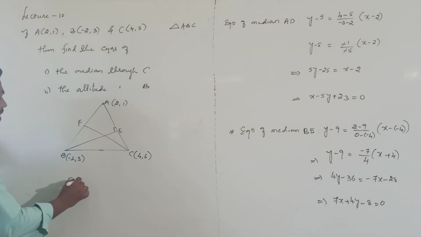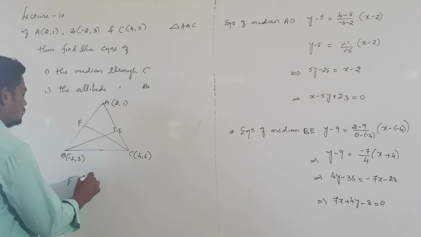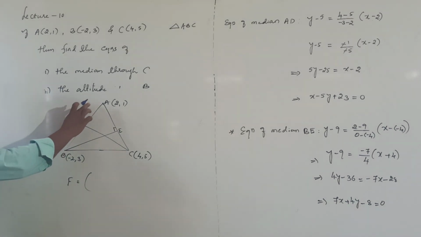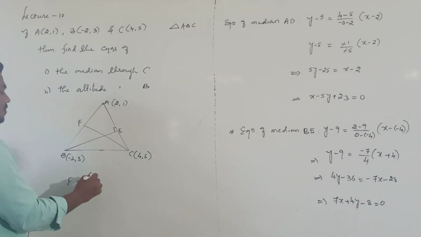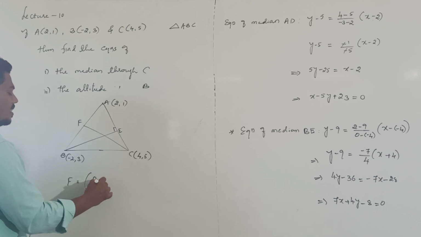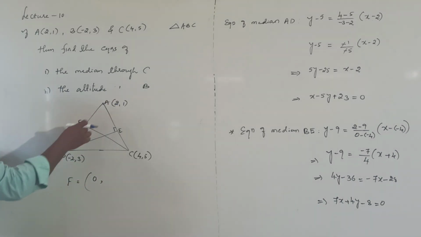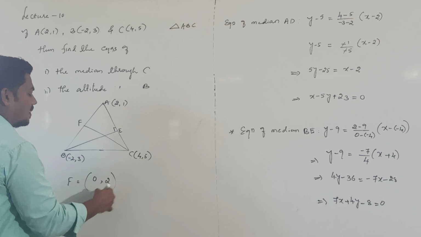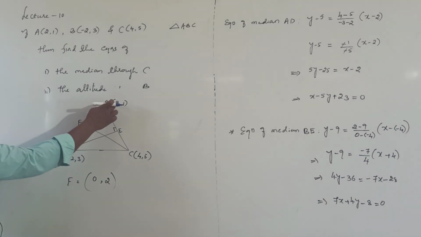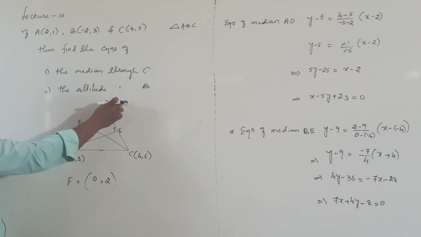Tell me what are the coordinates of F? Clearly F is the midpoint of AB. Use the midpoint formula: x1 plus x2 divided by 2 comma y1 plus y2 divided by 2.